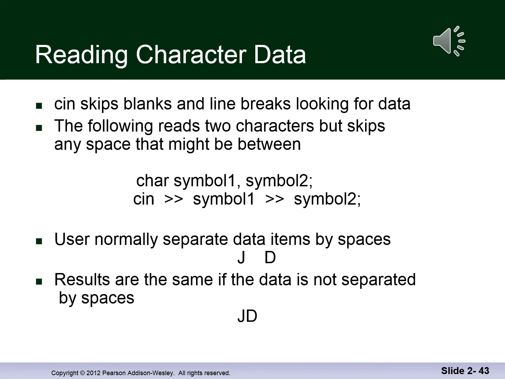So the user might type in J space D, enter, and J would be assigned to symbol1, D would be assigned to symbol2 using cin, but the results are the same if the data is not separated by spaces. You can type in J, no space, D, enter, and it will still assign J to symbol1 and D to symbol2.